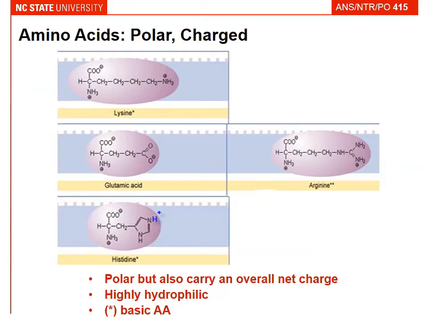Our last category is the polar charged. And like I mentioned before, this category has two subcategories. We have our acids and we have our bases. So here we only have one of the acids, glutamic acid. But we also have aspartic acid.